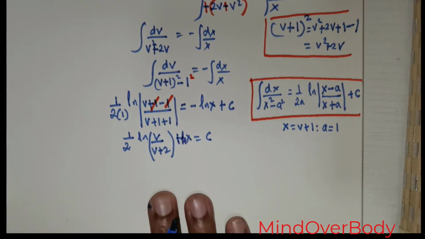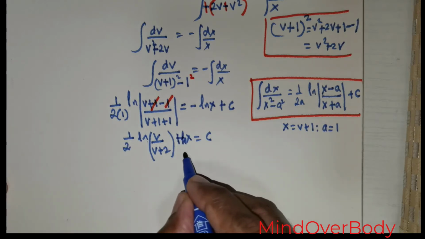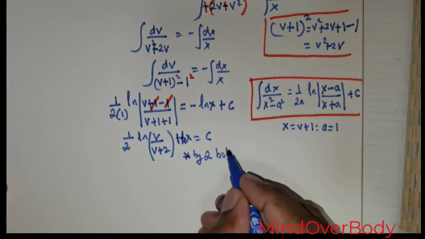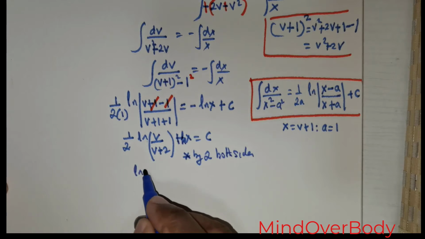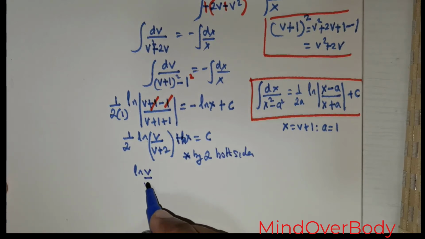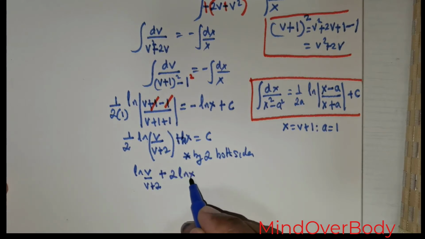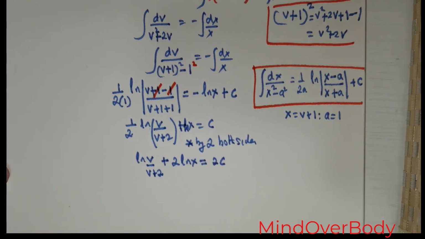So to get rid of this 2, I will multiply by 2 both sides. So when I do that, this is going to give me ln v over v positive 2 positive 2 times ln x is equal to 2 times c. So this is what we have got.